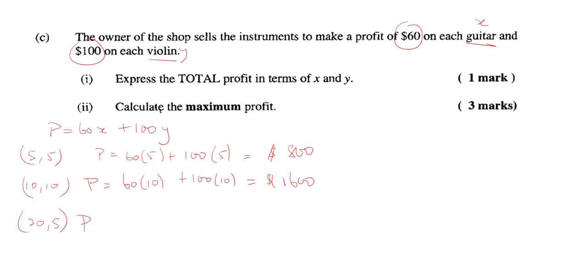And then the last one is 60 by 20 plus 100 by 5, which will give me 60 by 20 is 1200 plus 500, which is 1700.